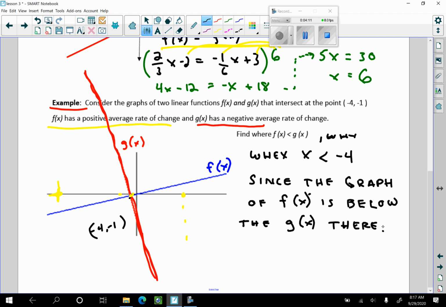Okay, that finishes this example, and there is a question like that on the assignment. There will be a question like this on the quiz.